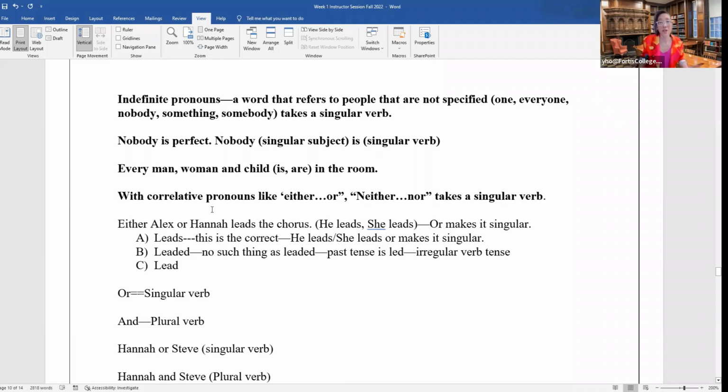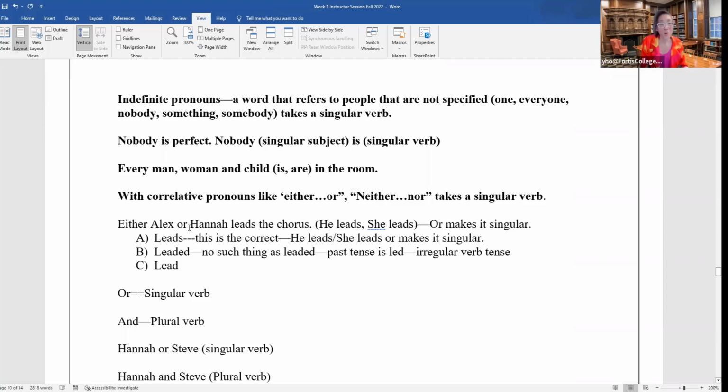So we already went over that when you have a correlative pronoun like either or, neither nor, the second subject is the subject. So either Alex or Hannah leads the chorus. And so here, leads is the correct answer because either or makes the subject singular.